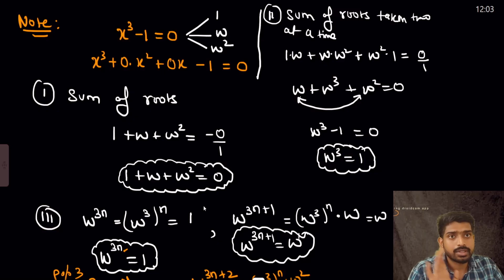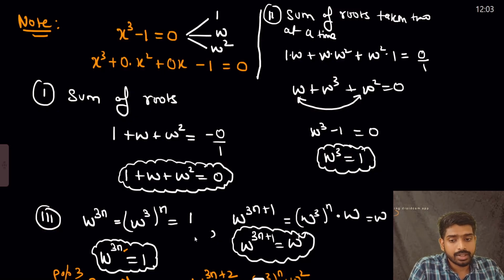Omega cube value is 1, right? Next we have seen omega to the power 3n, any multiple of 3, will be 1. Omega to the power 3n plus 1 means any multiple of 3 plus 1. Omega to the power 3n plus 2, any multiple of 3 plus 2, is the rest.